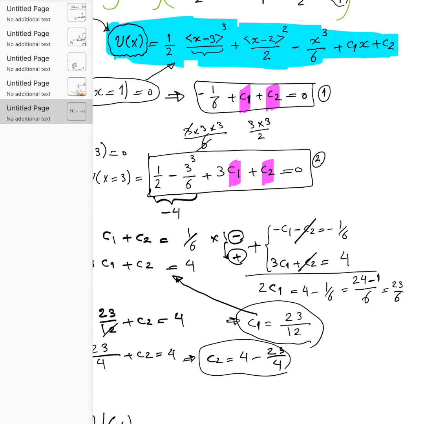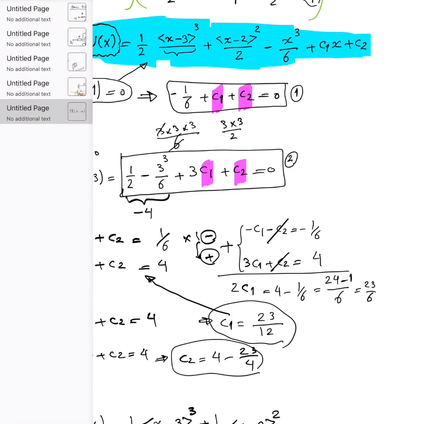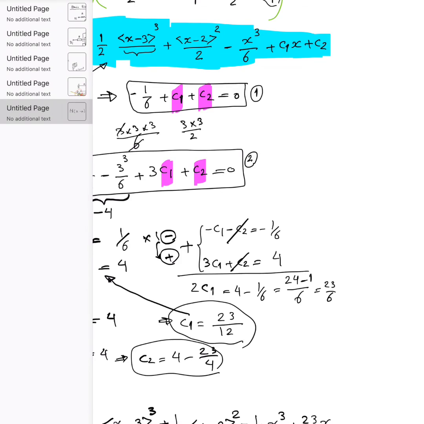So V of x is equal to 1/2 of x minus 3 to the 3 plus 1/2 of x minus 2 to the 1/6 x^3 plus C1, which is 23 over 12 x, plus C2, which is simply plus 4 minus 23 over 4.